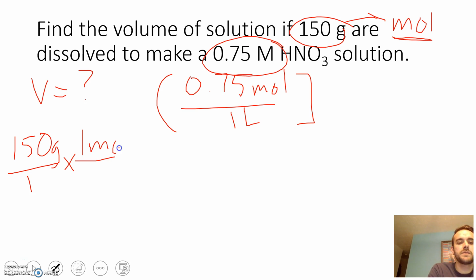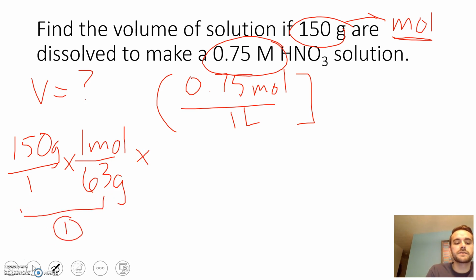So I want moles, I put that in the numerator. And then I need to divide by the molar mass of HNO3, which happens to be 63 grams. I'm going to again show this all as one problem. So at this point, you could stop and put an equal sign. That is the first step.